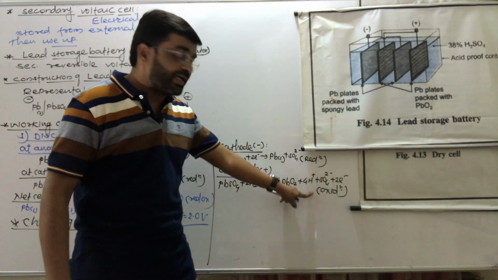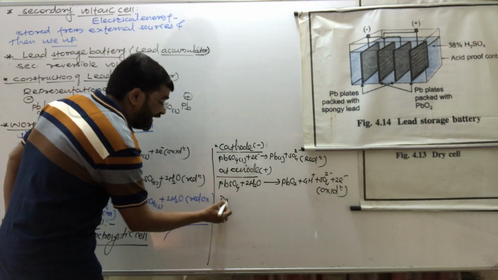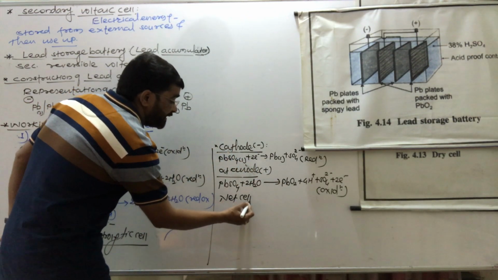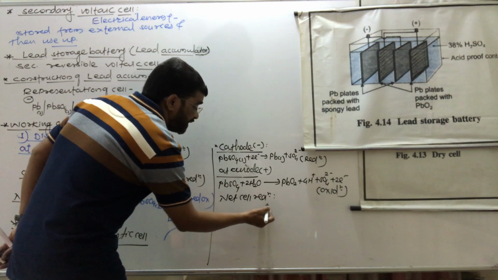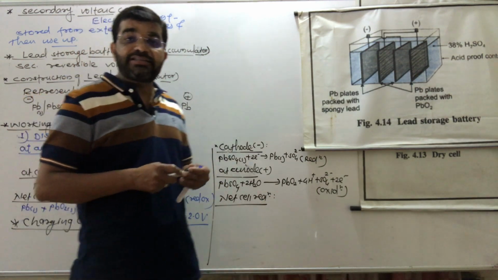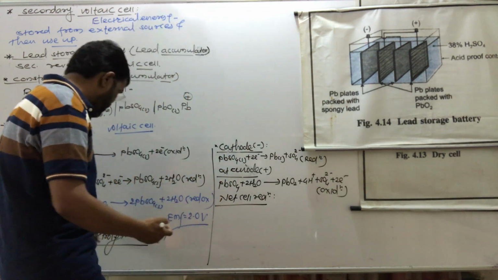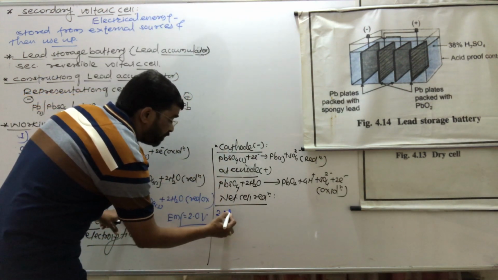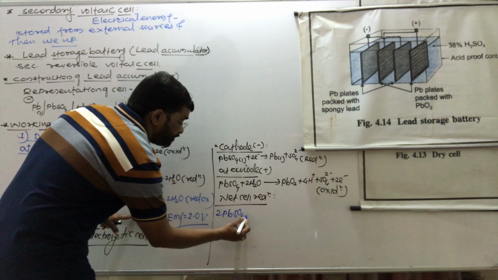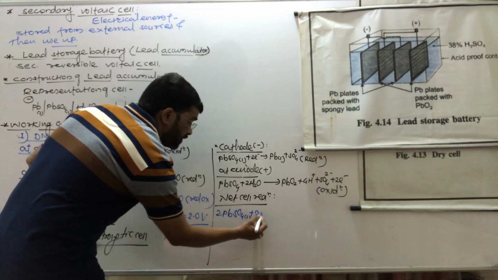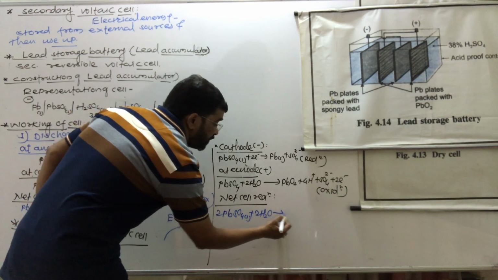Right. So oxidation takes place, and the net cell reaction that takes place during the charging of this cell is exactly opposite to that of the discharging. So here take twice of PbSO4 solid plus twice of H2O.